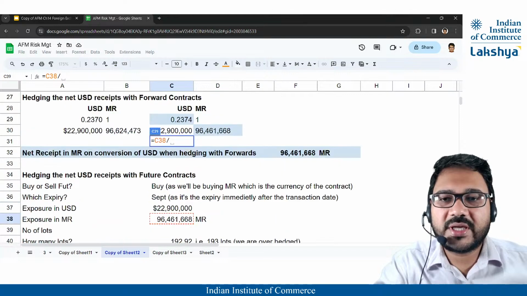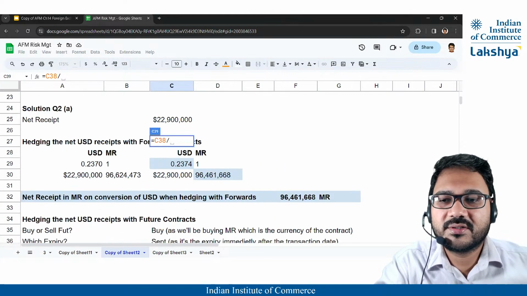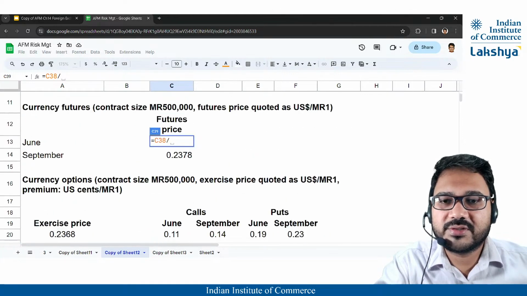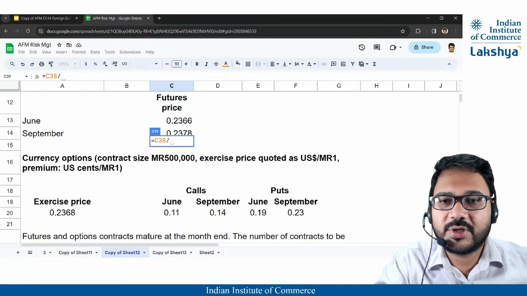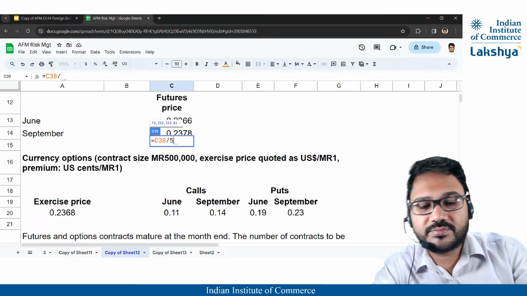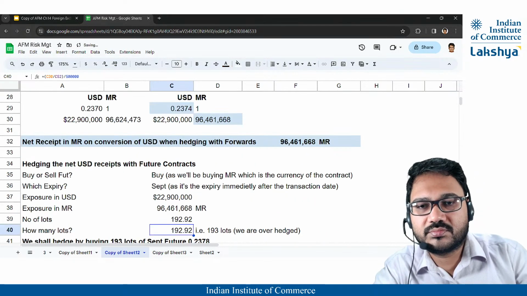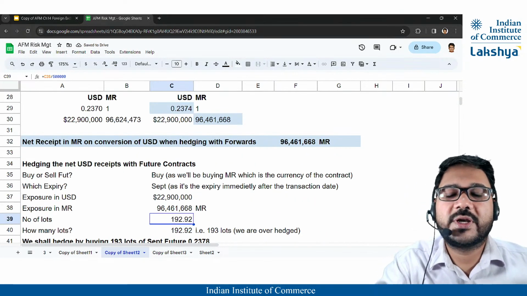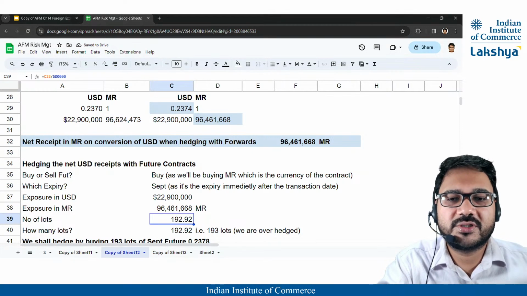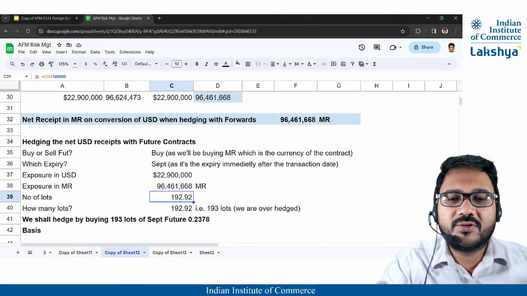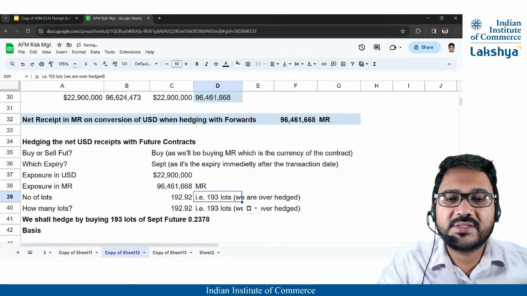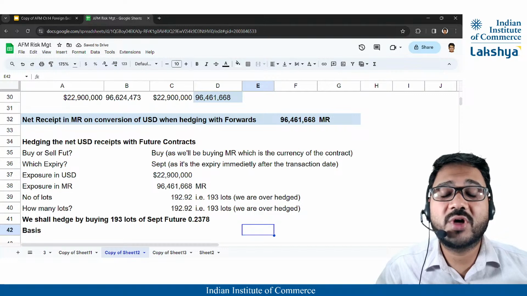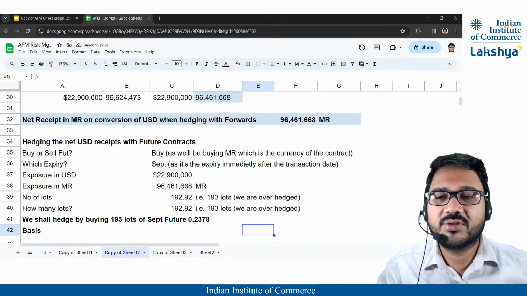What is the standard lot size? 500,000 MR. Yeah, 500,000 MR. So you got this 192.92. This is how you got it. Which you round up and say 193 lots, which means you are over hedged.